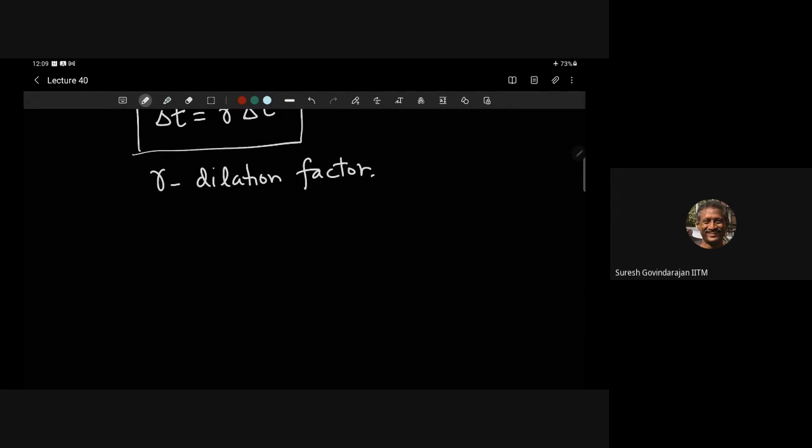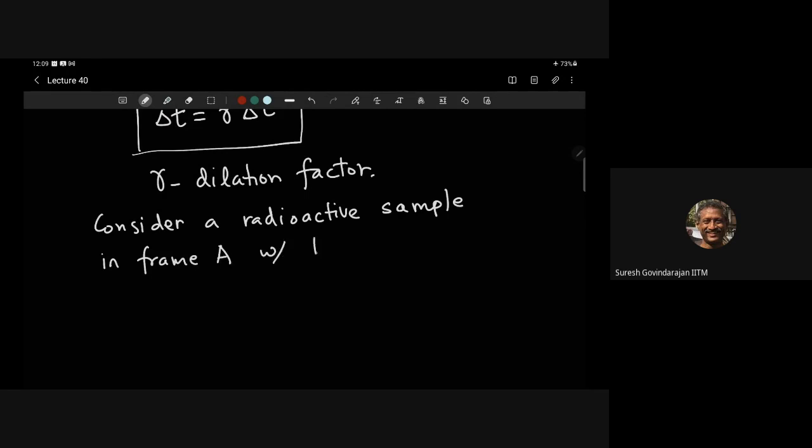So consider a radioactive sample in frame A with N0 radioactive particles at t equal to 0.